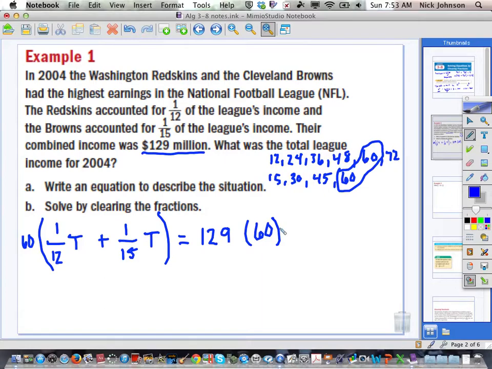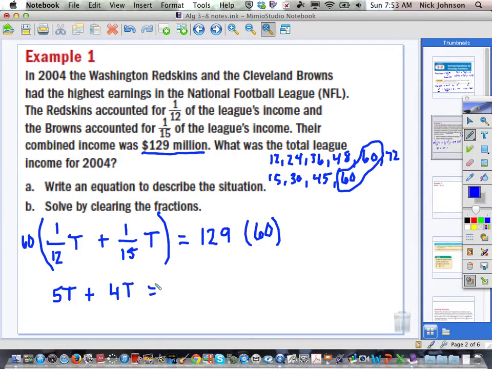If you look at this, 60 times 1/12: 60 times 1 is 60, divided by 12 is 5t. Plus 60 times 1 divided by 15: 60 times 1 is 60, divided by 15 is 4t.